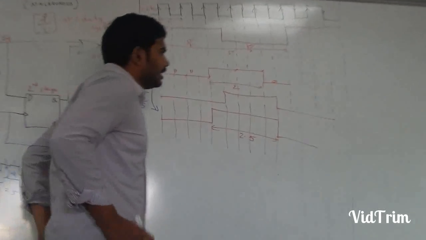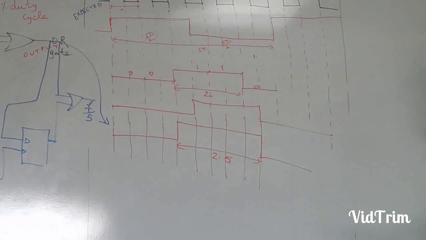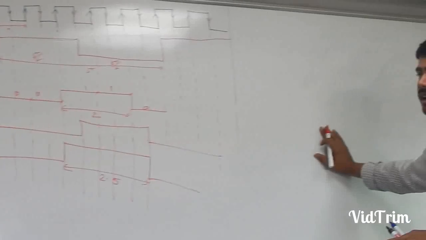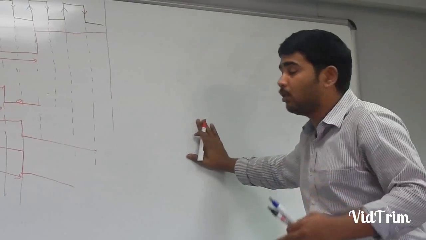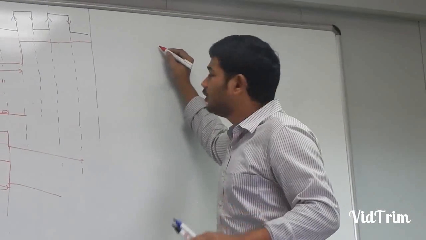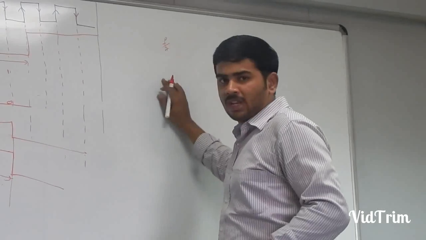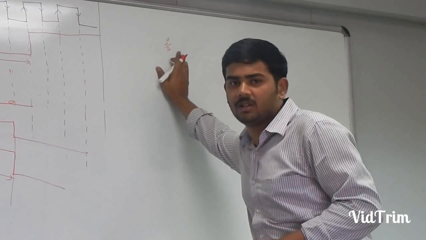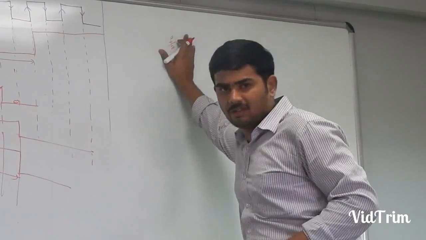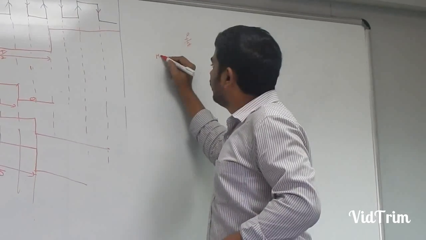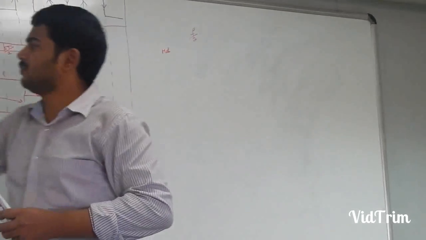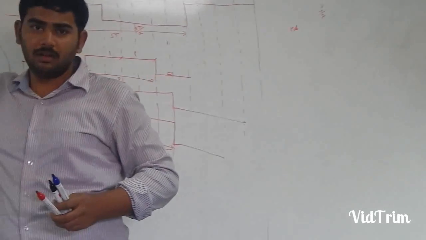So similarly, let's take f by 7, which I am also discussing here in brief. Suppose someone asks you f by 7, what is your approach? For f by 7, in the first stage I take a mod 7 counter.